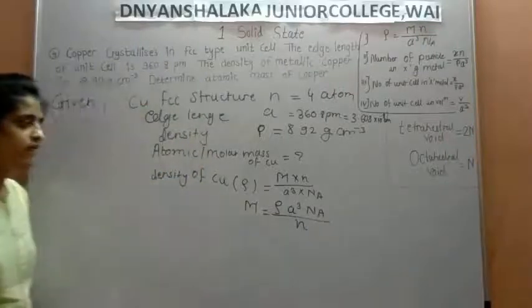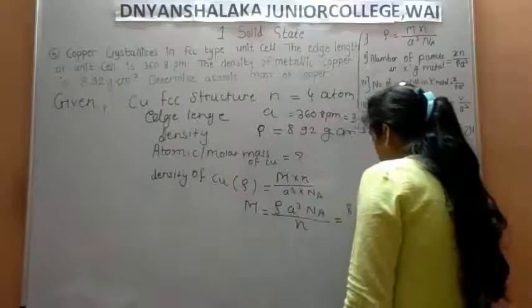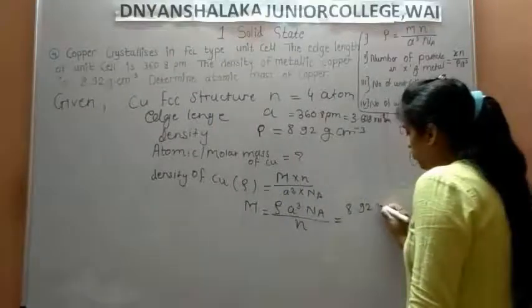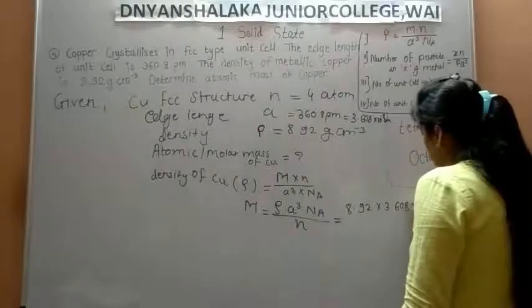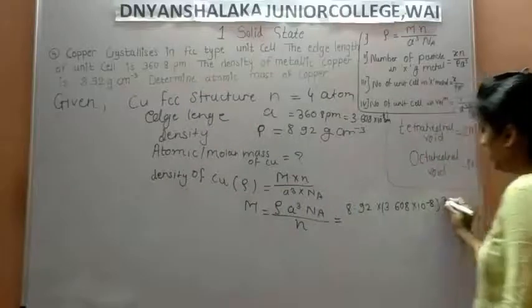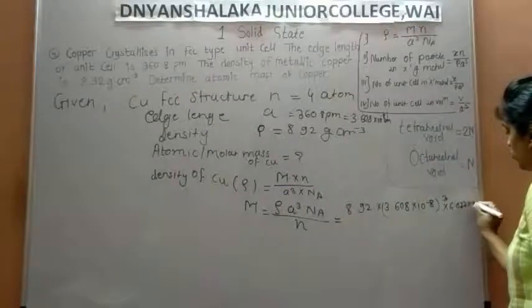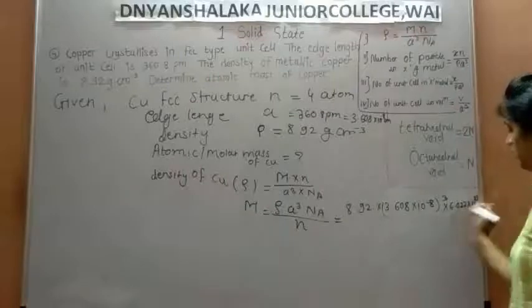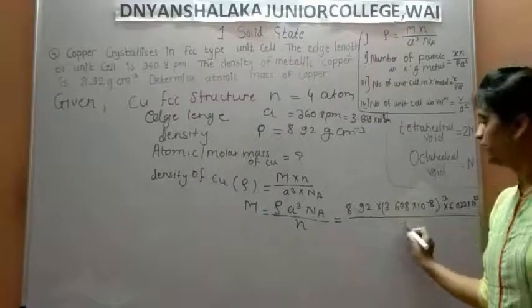So putting this value in the equation, rho 8.92 gram, a cube, 3.608 into 10 raised to minus 8 whole bracket cube, into Na, 6.022 into 10 raised to 23 atoms, upon number of atoms 4.